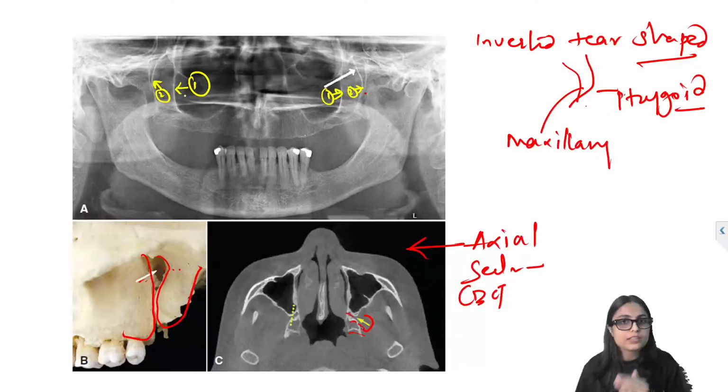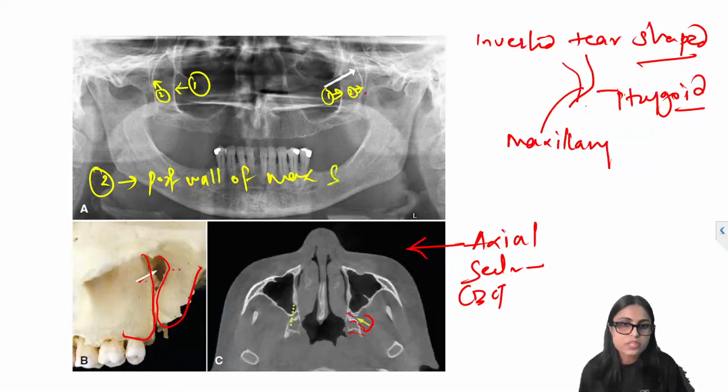So they can ask you these landmarks also, and these two radiopaque lines are the most confusing ones. Number two landmark is nothing but the posterior wall of the maxillary sinus. Just beside the pterygomaxillary fissure, the radiopaque line there is the posterior wall of the maxillary sinus.